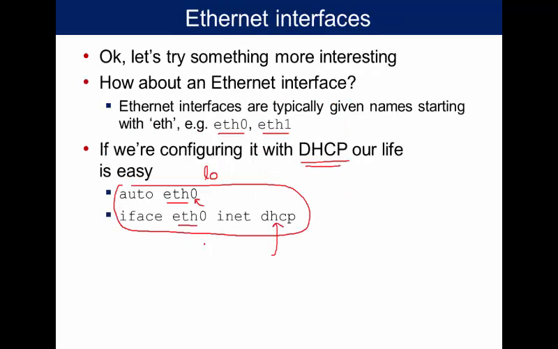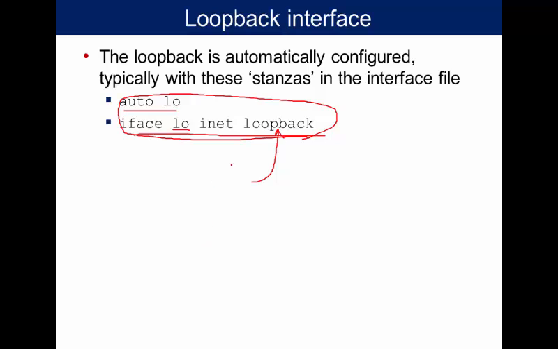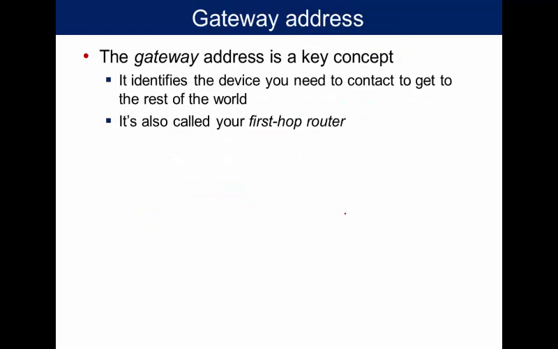So currently ours is this, in our Ubuntu running on your VMware, for example. Gateway identifies the device you need to contact to reach the rest of the world.